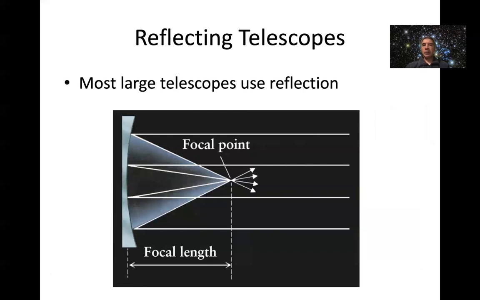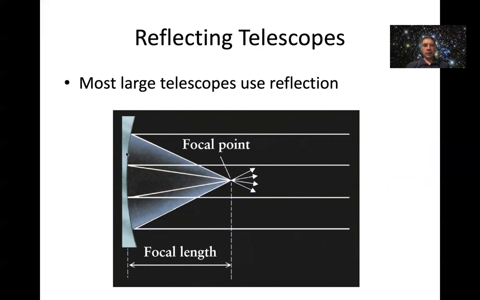So nearly all the telescopes that we use for modern astrophysics are of a reflecting nature. So that means that in this diagram, you have light rays that are coming in from the right-hand side here. And because astronomical objects are effectively at infinity, they're such a long way away, the light rays appear to be coming in parallel.